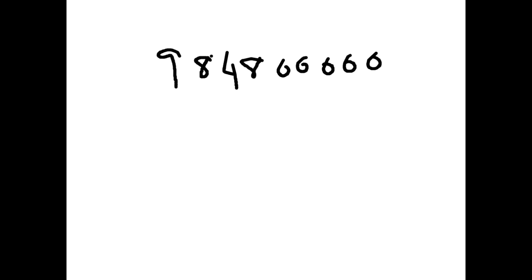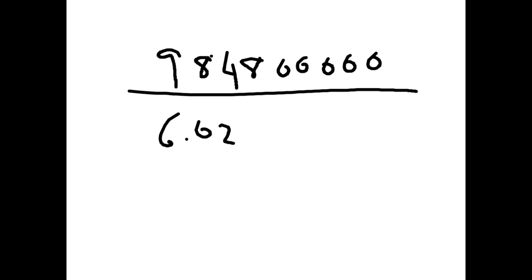Okay. 1, 2, 3, 4, 5. That's what you got. Divide this now by 6.022 times 10 to the 23. You have to do it in steps almost. You see what I mean? That's the problem.